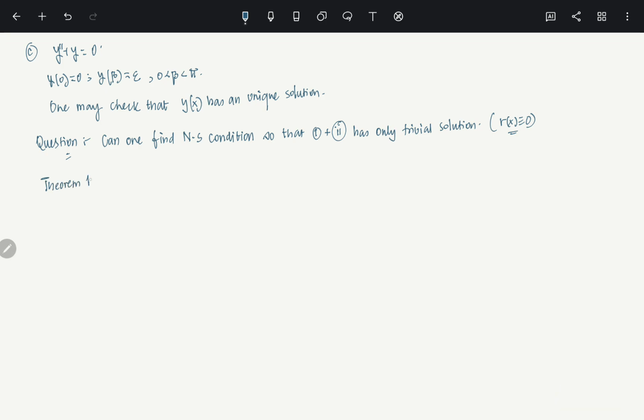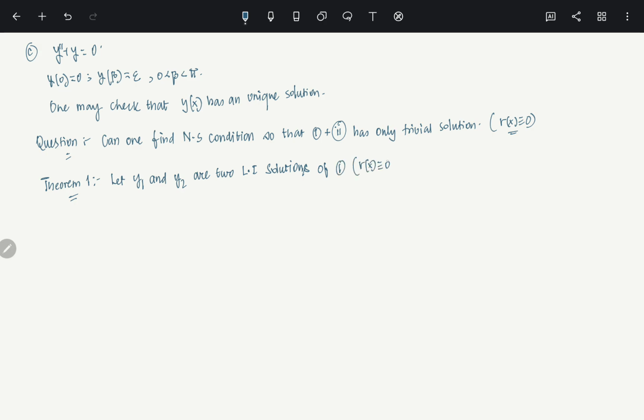Theorem 1. What is the theorem? It says that you start with two linearly independent solutions of (1). Okay, so let y1 and y2 be two linearly independent solutions of (1), with R(x) equals 0.